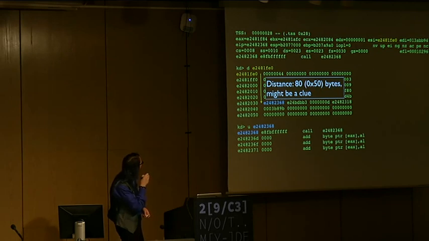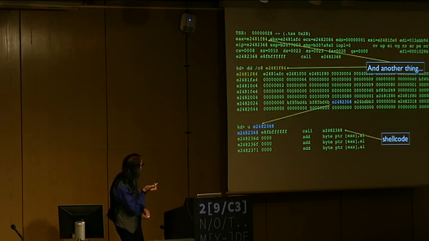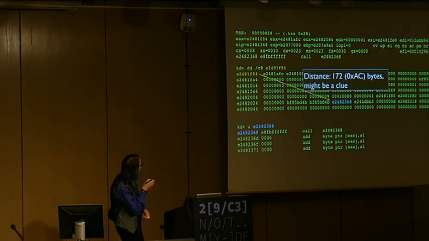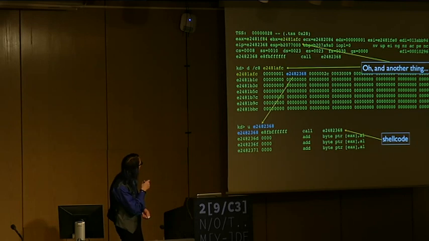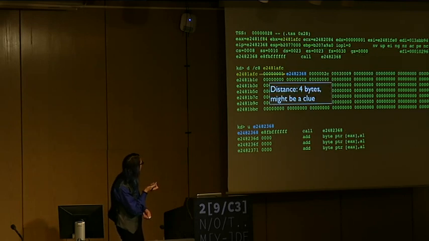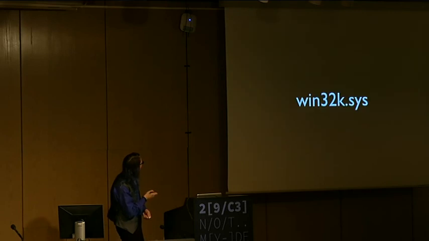In this particular case, it's ESI plus 80 bytes, for example. But it could also be EAX plus whatever that is, 172 bytes, or possibly EBX plus 4 bytes, and so on, if you're in a hurry and trying to figure out which instructions to look at first.